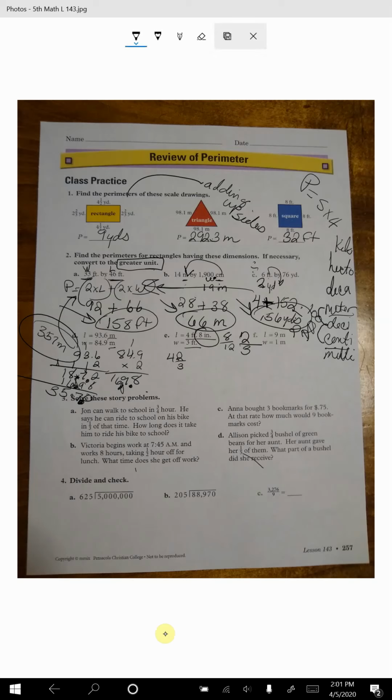times 2. So let's change that into an improper fraction: 14 over 3 times 2 is 28 over 3. We'll just leave that for now. You look up here and make sure I'm doing that right. Are they converting that back?